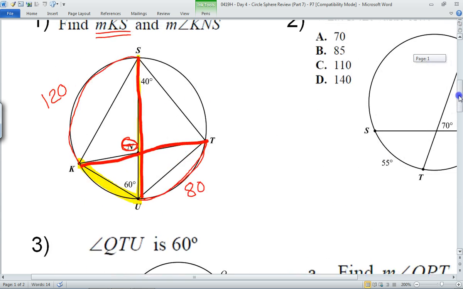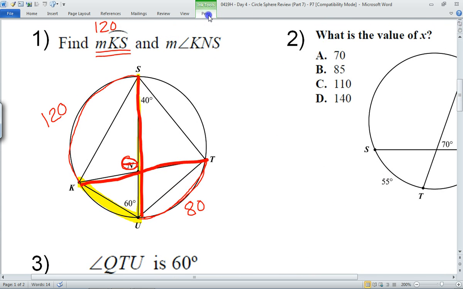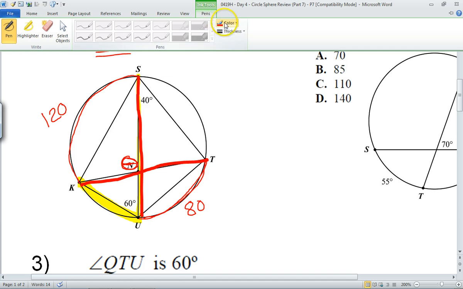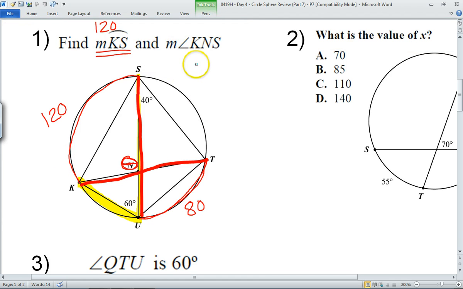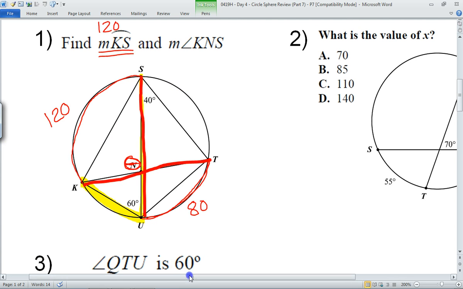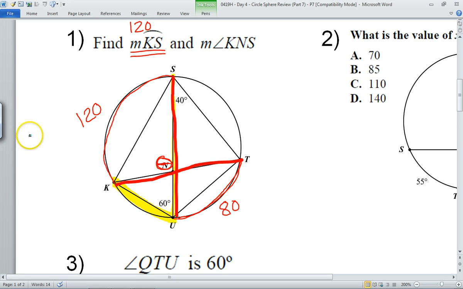So that's what we had to do for number 1. Okay, so let's do that. So that means this angle should equal 120 plus 80 divided by 2. All right, that's 200 divided by 2, that's 100.